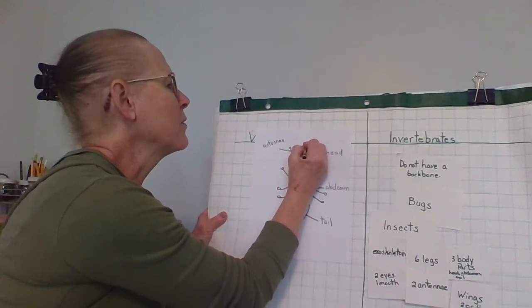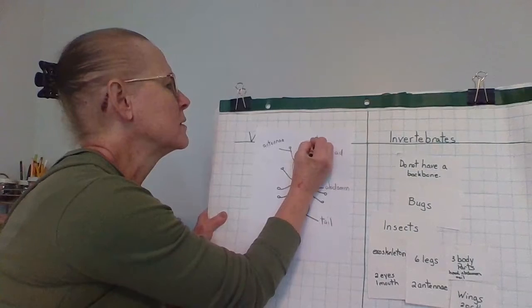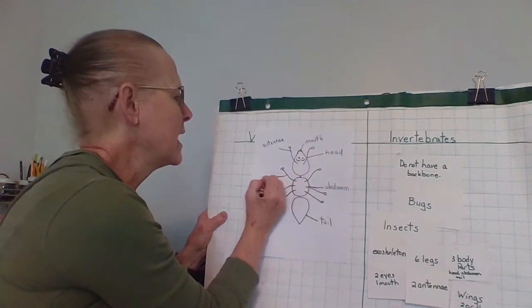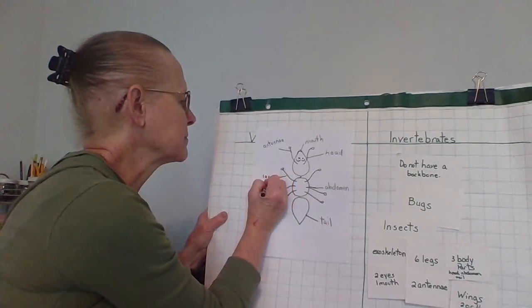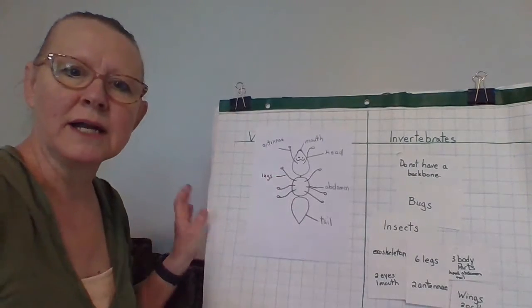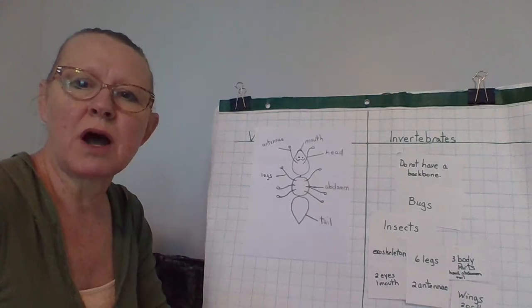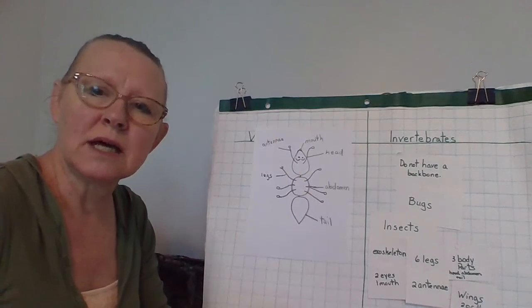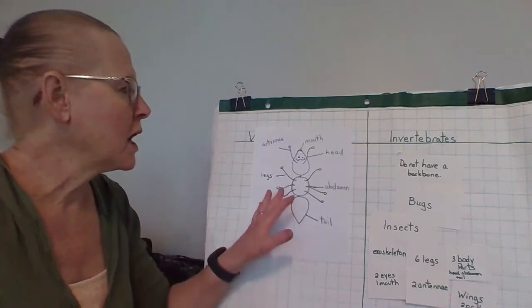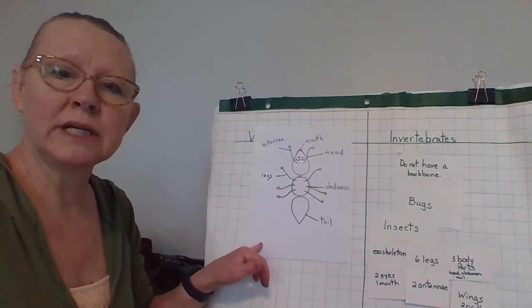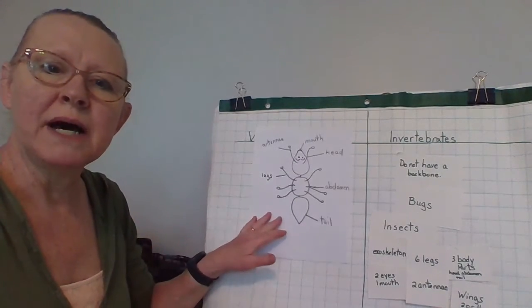This is his mouth and legs. All right, so we have diagrammed our ant. Now, ants don't often have wings. Some do, some don't. So we're not going to draw wings on our ant today. But this is your ant.